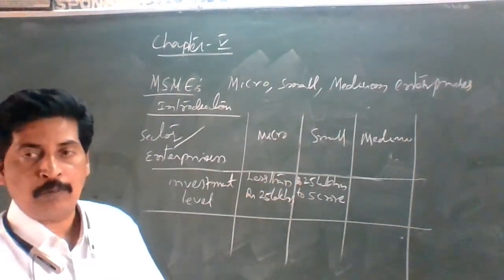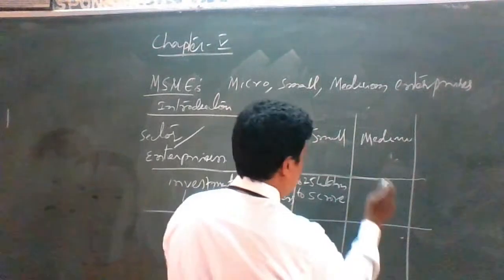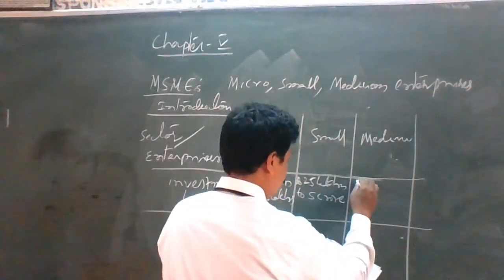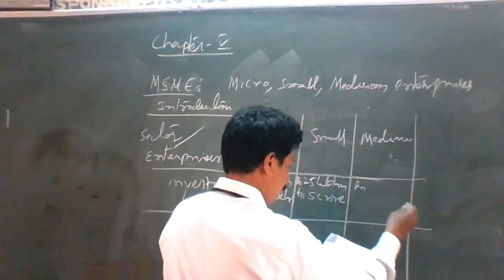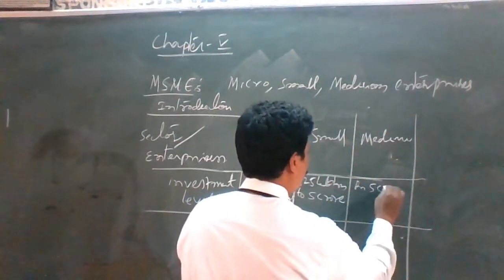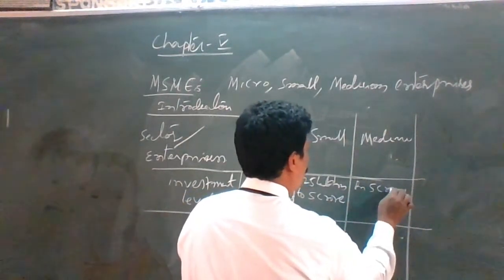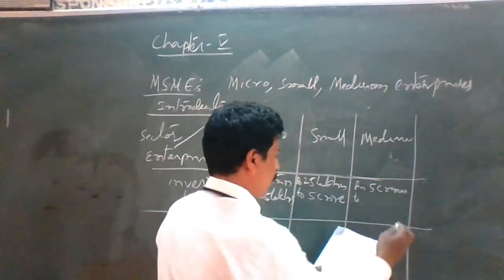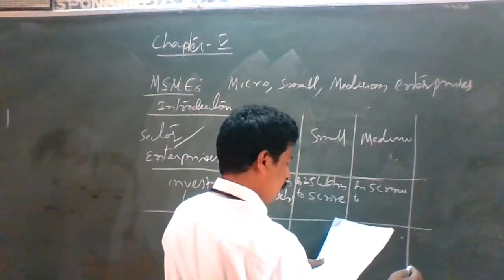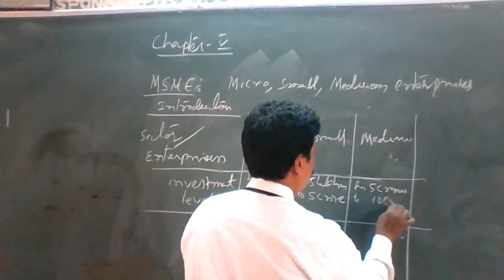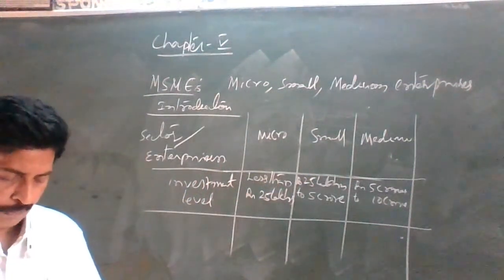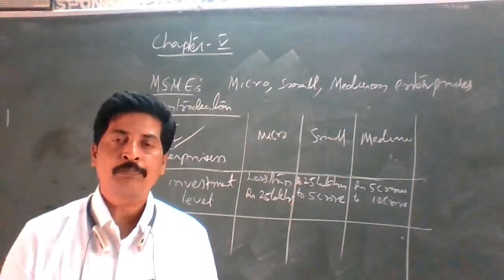When it comes to medium enterprises, the investment is rupees 5 crore to 10 crore.